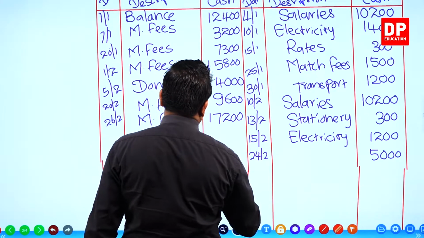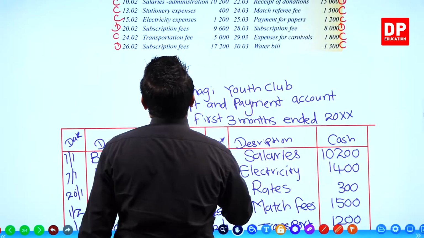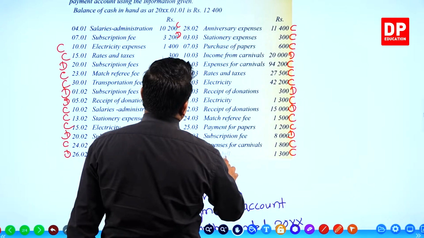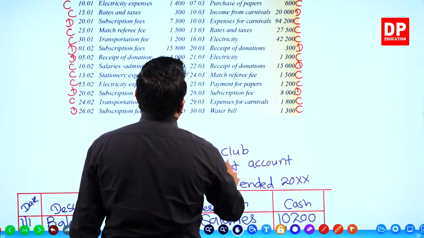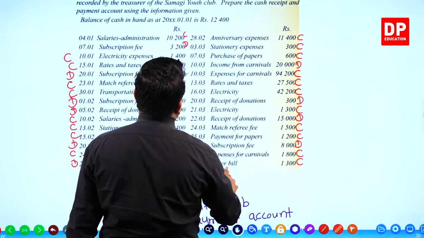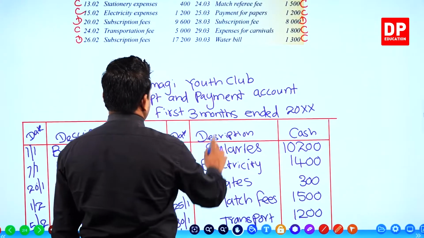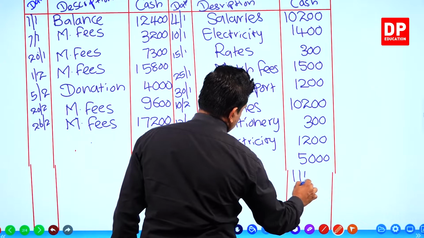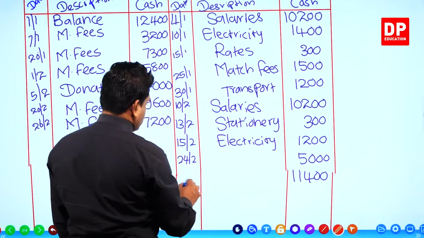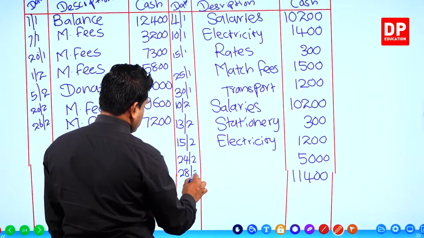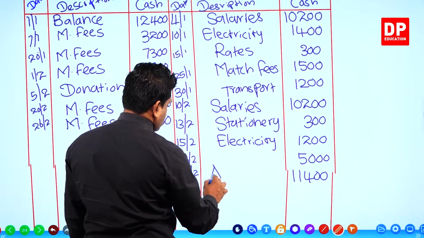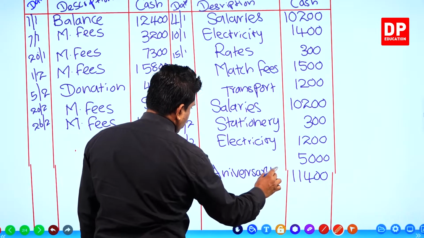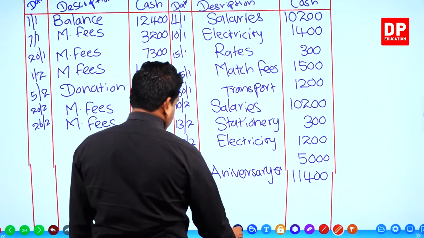Next, anniversary expenses 11,400. Anniversary expense, right?